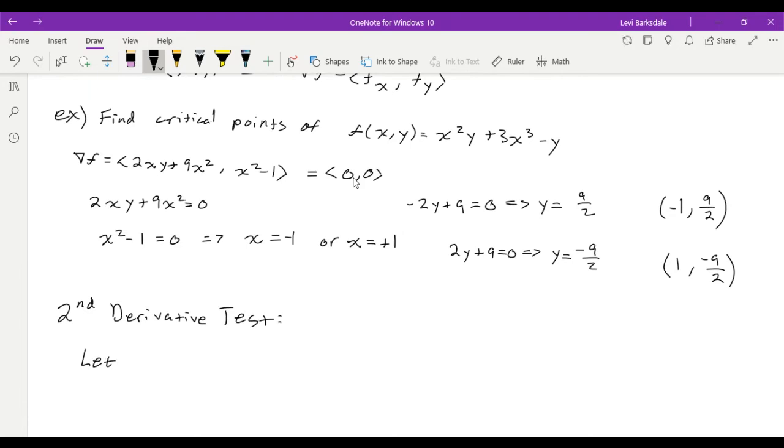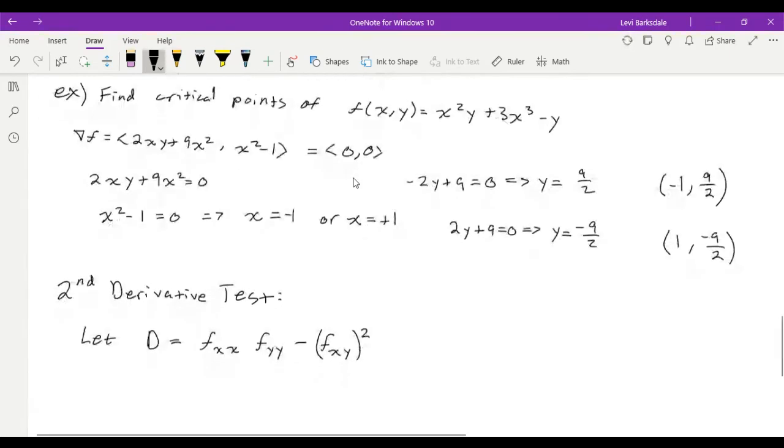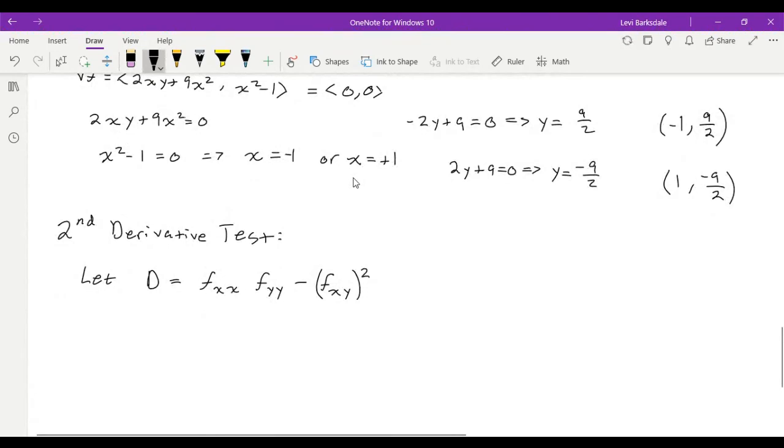Let's say you have this number d, and we're going to define it as the second derivative with respect to x times the second derivative with respect to y, minus the derivative with respect to x then y, squared. Well then, if this value d is bigger than 0 and your second derivative with respect to x is also bigger than 0, then we have a relative minimum.